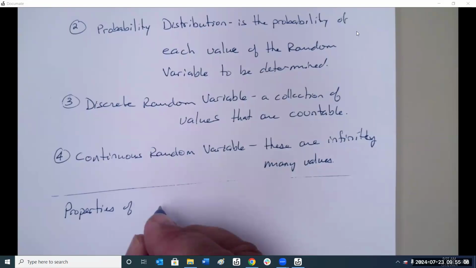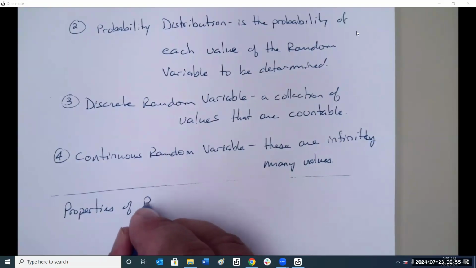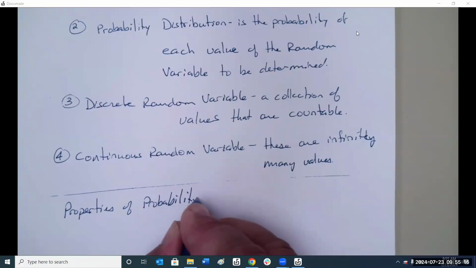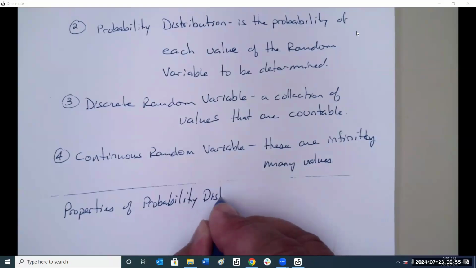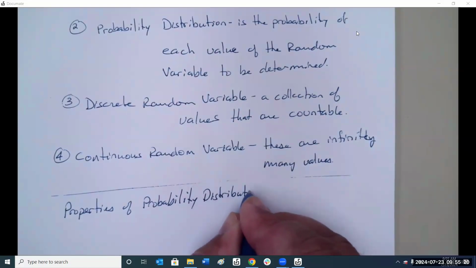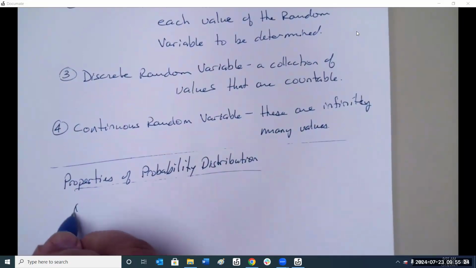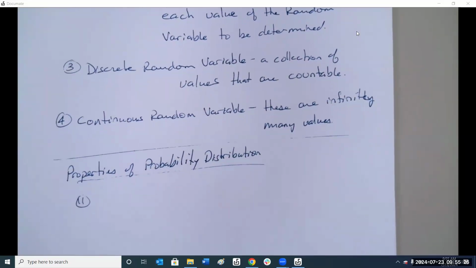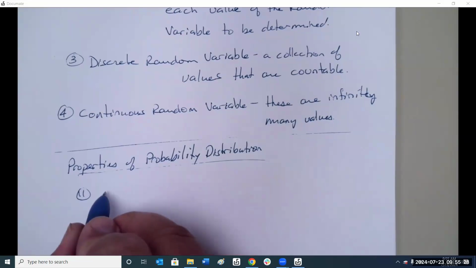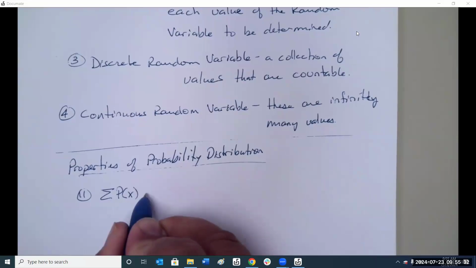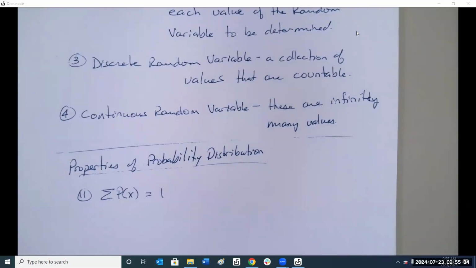The properties of a probability distribution. We have two or three of them, actually. The first one is the summation of all the probabilities has to equal 1.